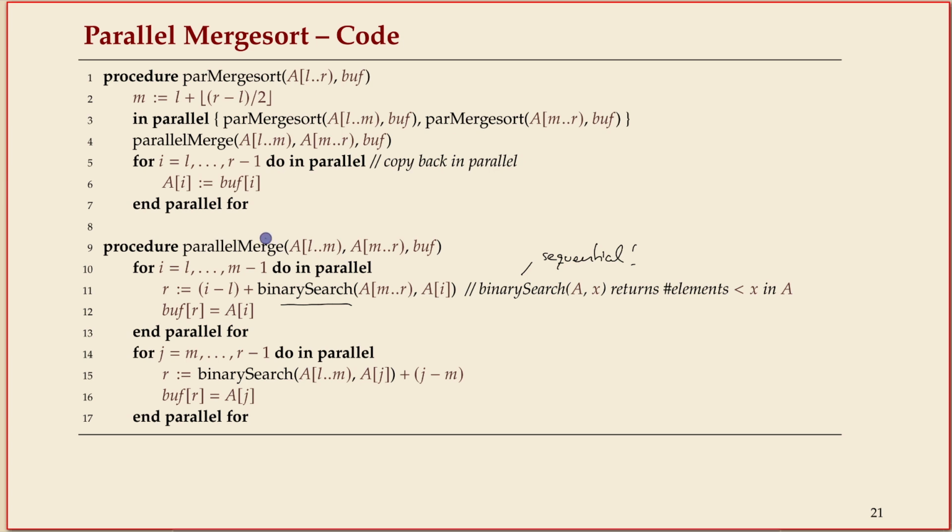So if we have parallel merge on something of length n/2 and n/2, then we'll have log n span for each binary search. We have constant time for the writes, and we do the rest in parallel. So the overall span of the merge is log n.